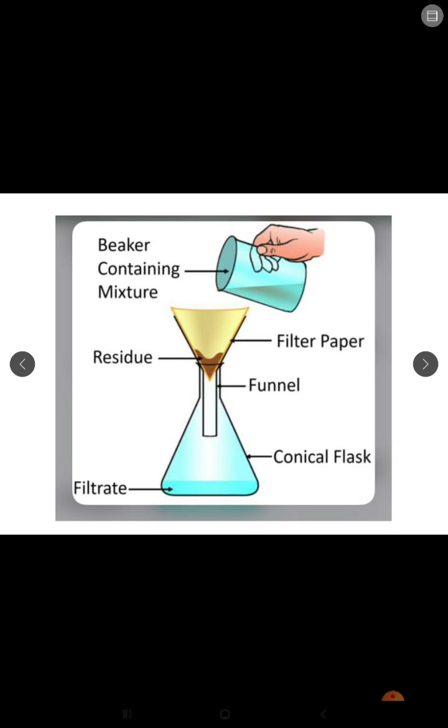The pure water filters and goes to the bottom of the conical flask, and this pure water is known as filtrate. The impurity collected in the filter paper is known as residue and the pure water collected in the conical flask is the filtrate. This process is known as filtration.